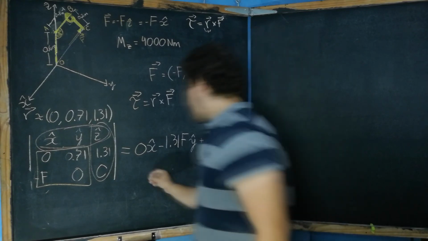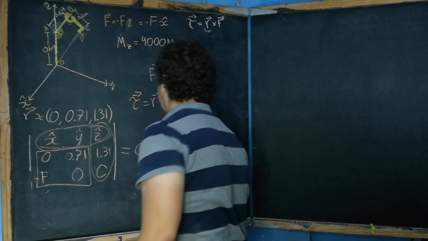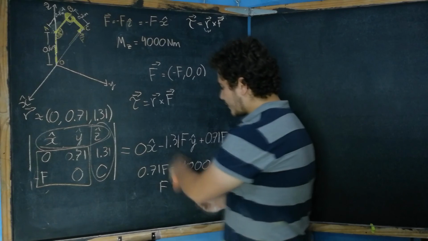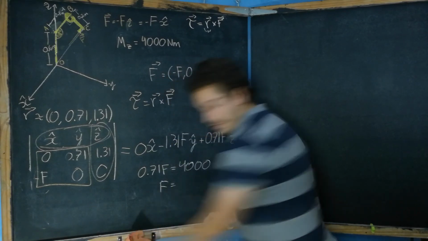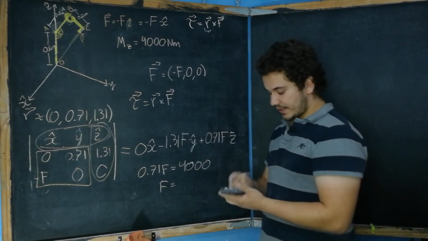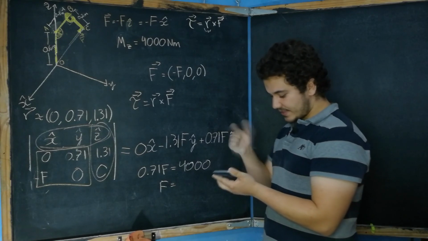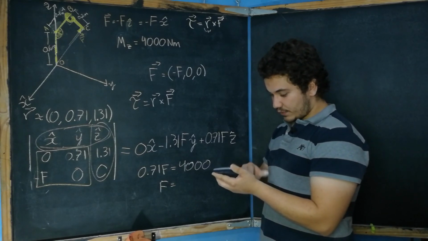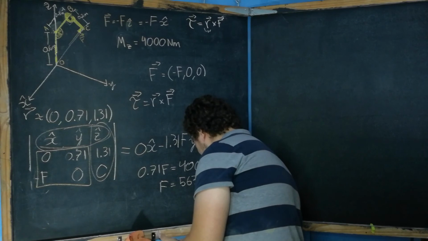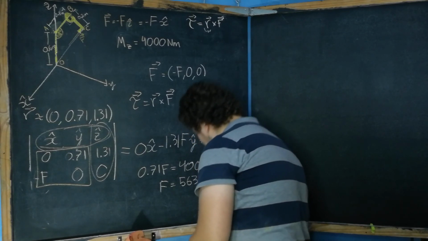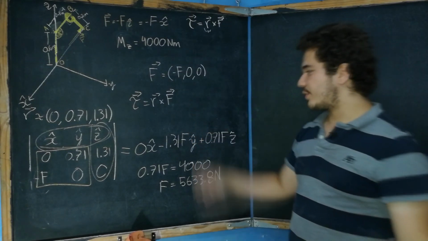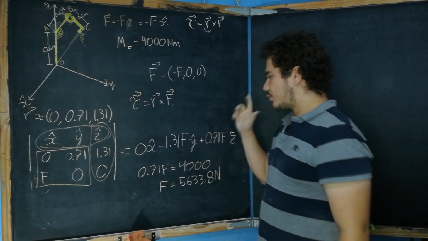We equate 0.71 times the magnitude of F to 4,000. Solving for F, we have 4,000 divided by 0.71, which is the same answer we had before: 5,633.8 newtons.